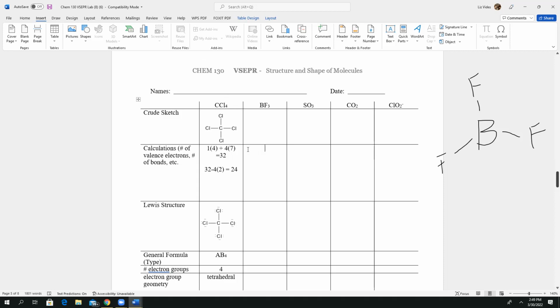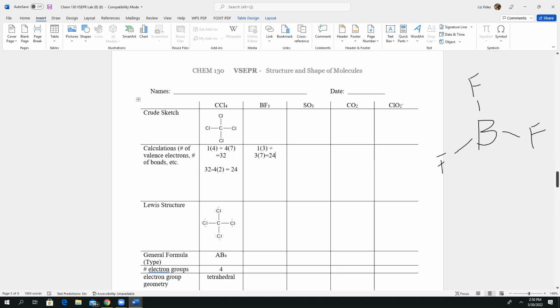All right, so you got 1 boron times 3, because it's in group 3, plus you have 3 fluorines at 7 each. That gives you a total of 24, right?